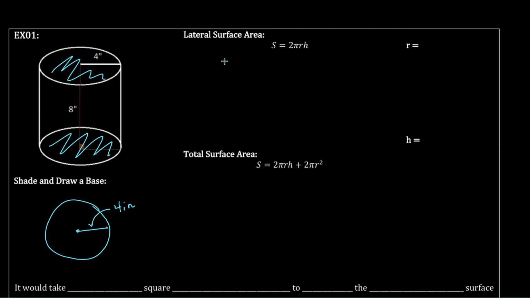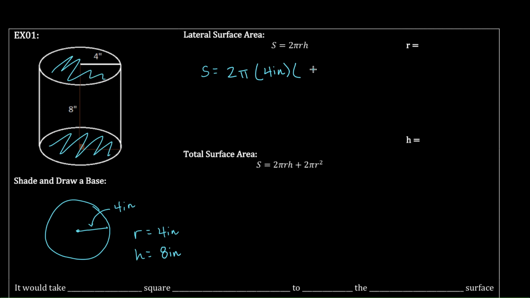So 2 pi r h. S equals 2 pi. Instead of radius, I'm going to substitute in the 4 inches for the measure of the radius. Then our height right here. R is 4 inches, and the height is 8 inches. If you ever see these quotation mark looking things, that just means inches.